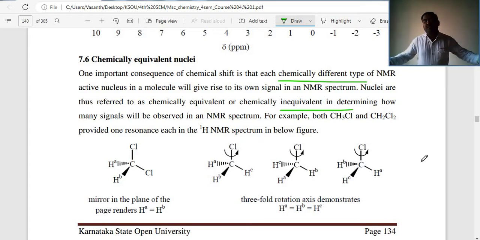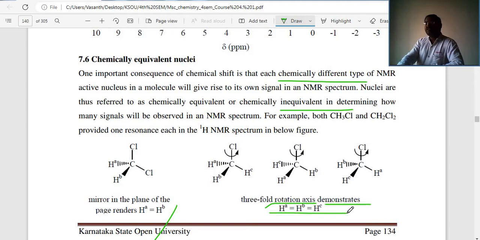For example, both CH3Cl and CH2Cl2 provide one resonance each in the proton NMR spectrum in the figure below. This shows mirrors in the plane of the paper. This is the threefold rotation axis, which demonstrates Ha equal to Hb equal to Hc.